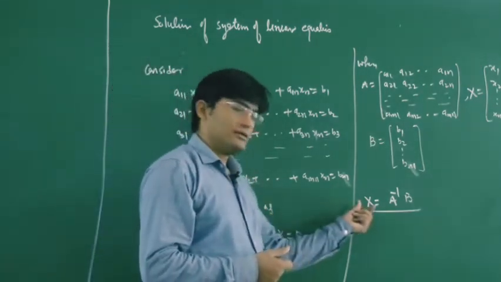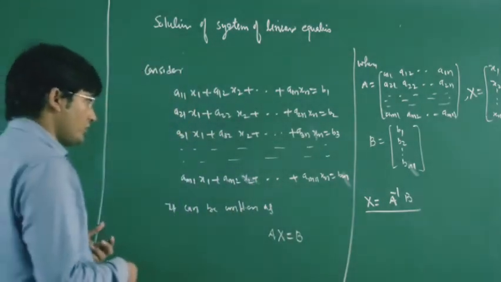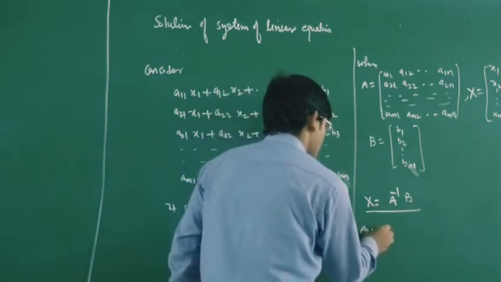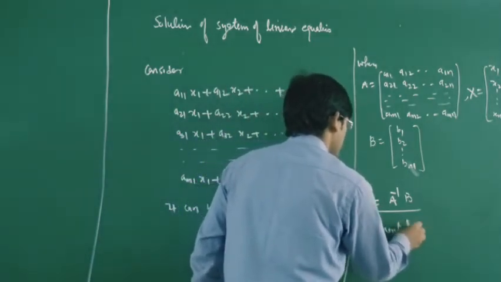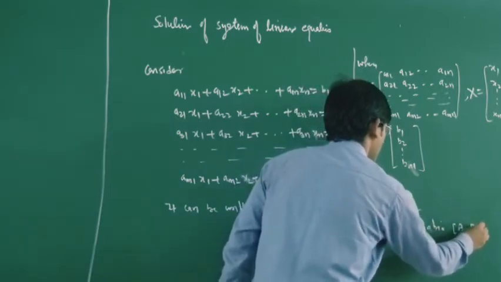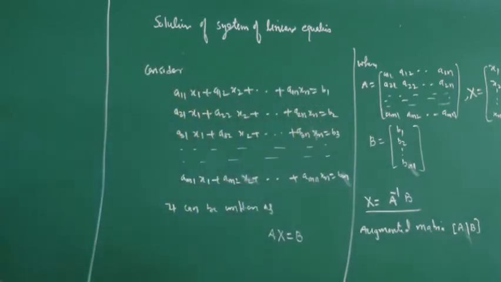So let us discuss the Gaussian elimination method. The augmented matrix is the combination of A and B. So now our first method is the Gaussian elimination method.